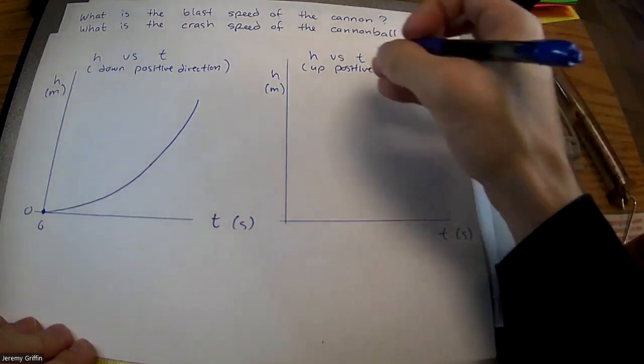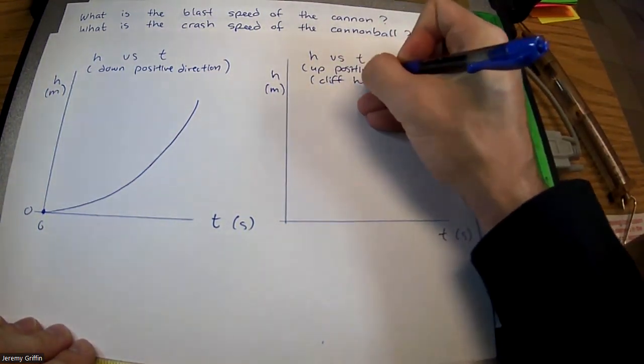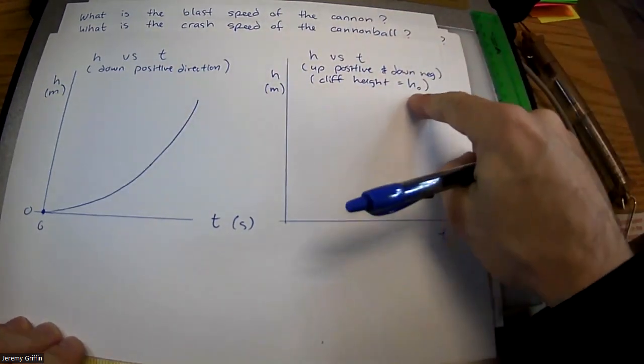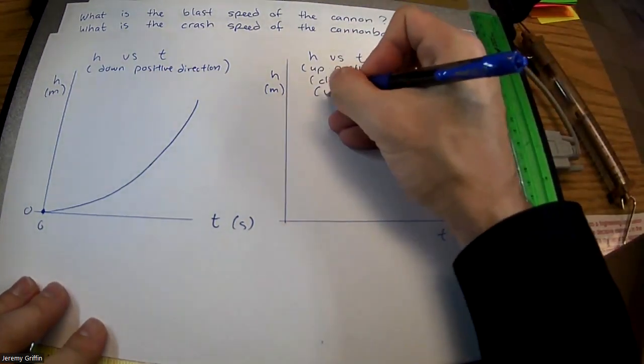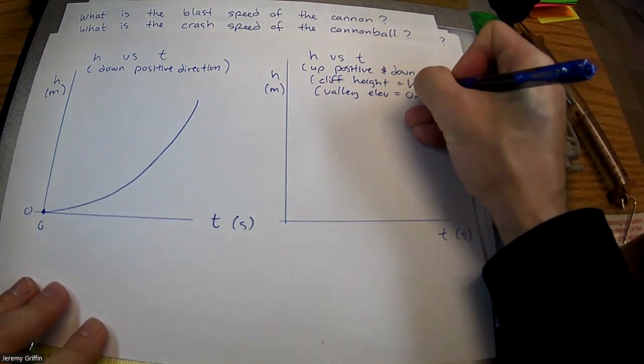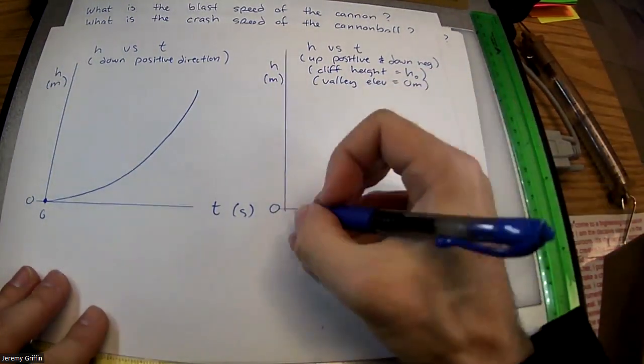Right. Let's say that the cliff height I'm going to define as h naught, like an original height. And we'll call the valley elevation equals 0 meters. Okay. So the valley's down here at 0 meters.